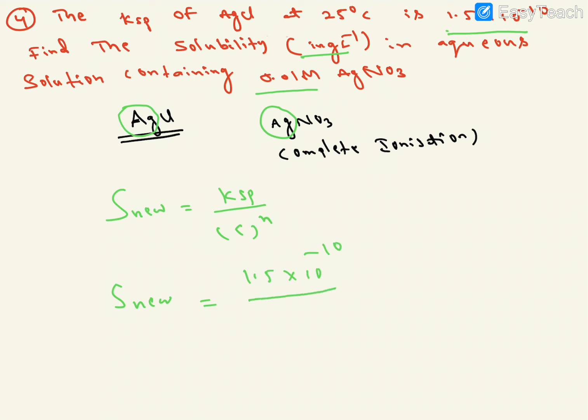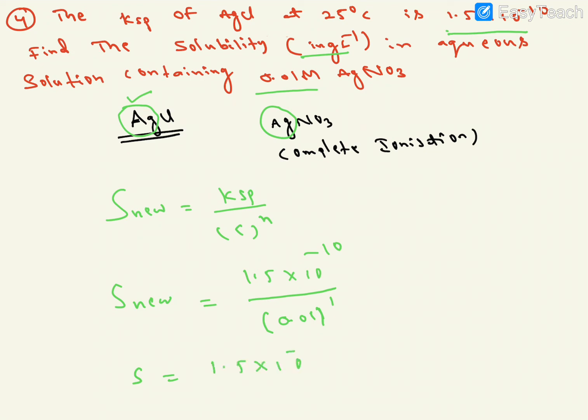So it is very clear: 1.5 into 10 to the power of minus 10 divided by the concentration, 0.01. Here n is nothing but the number of common ions in the sparingly soluble salt, which is 1, so power 1.